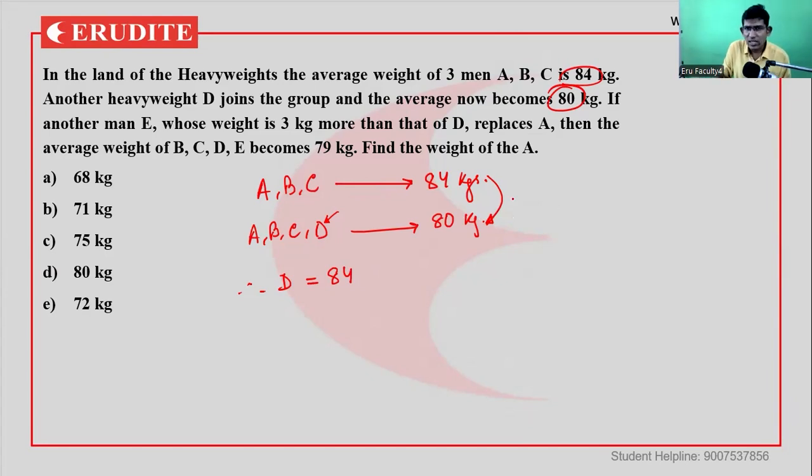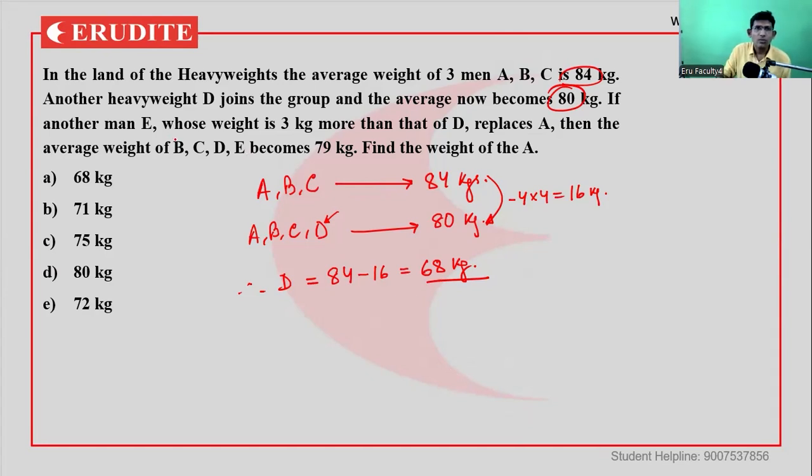In fact, the average has decreased by 4 kg. That means the total decrease in weight for the 4 people must be 16 kg. Which means D is bringing in 16 kg less than 84. Which means D's weight must be 68 kg.